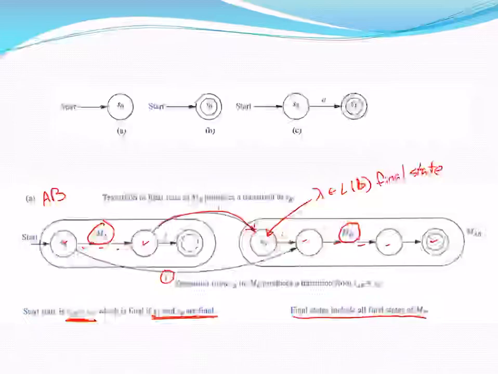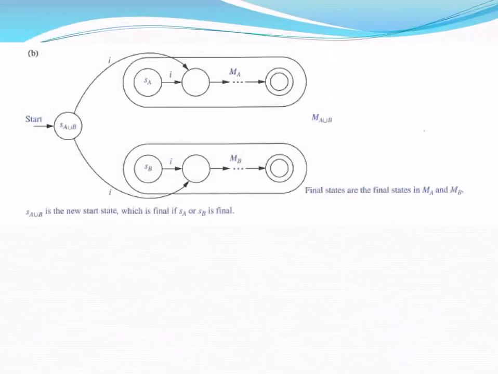Now we will look at the union of two sets. And here we have machine A and machine B. And if we want to recognize the union of sets A and B, these two machines operate in parallel with a new starting state that acts as the original starting states for machine A and machine B. And whatever word comes in, it's going to work down both of these.